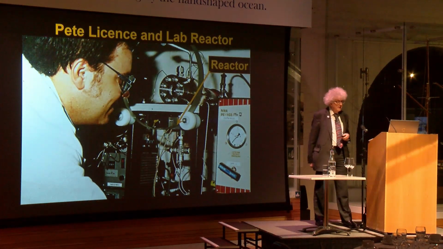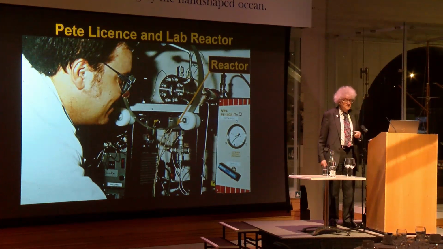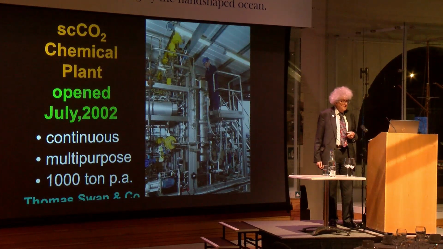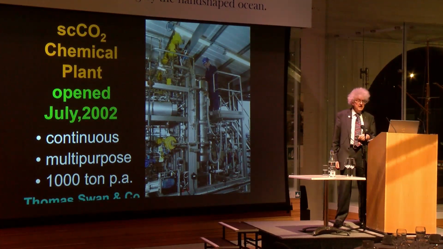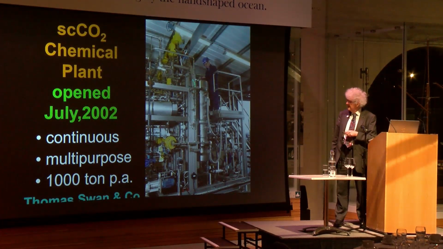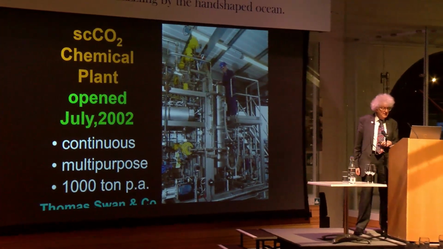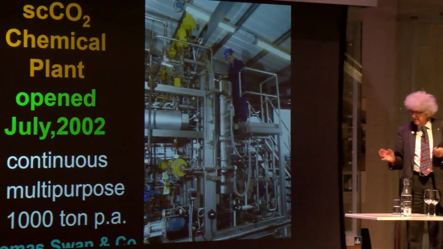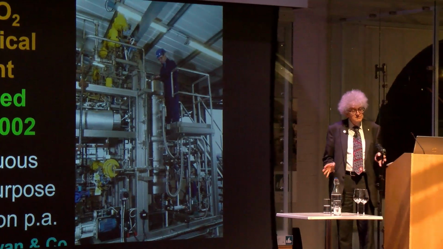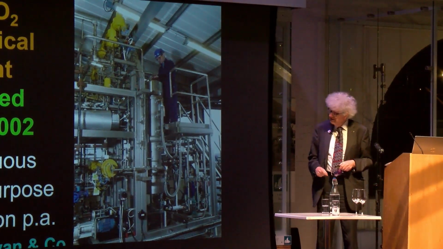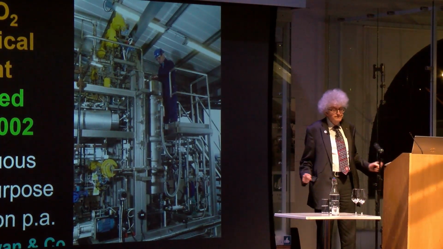And this worked really well, so working with Thomas Swan, we scaled it up to a 1,000 tons a year reactor plant. You can see here's the reactor with a worker as a scale bar. This was a continuous plant, and it worked really well.